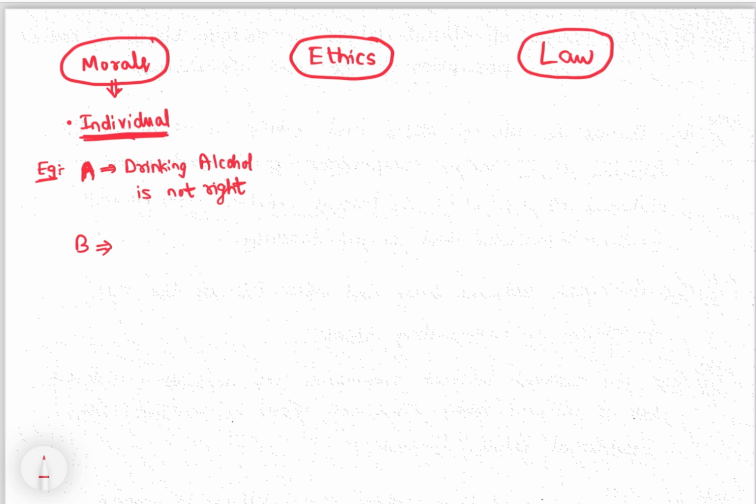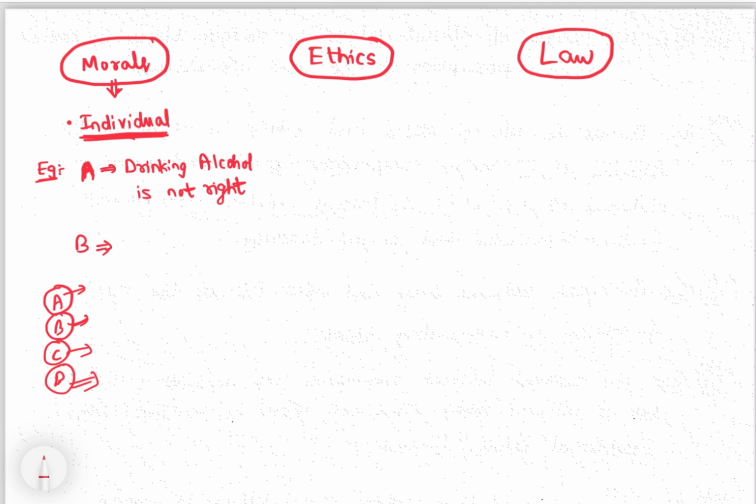So every person has their own morals. So there are a number of persons, right? So A, B, C, D. You are also a person, so you have a different set of morals. Your friend has a different set of morals, your father has a different set of morals, and your mother, your siblings, each one has different morals.